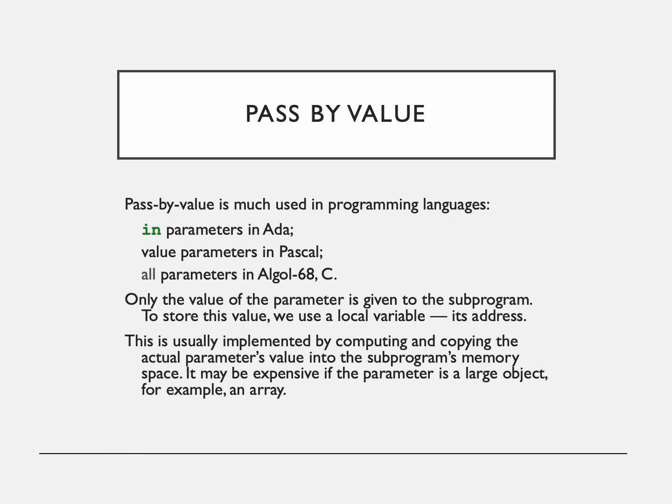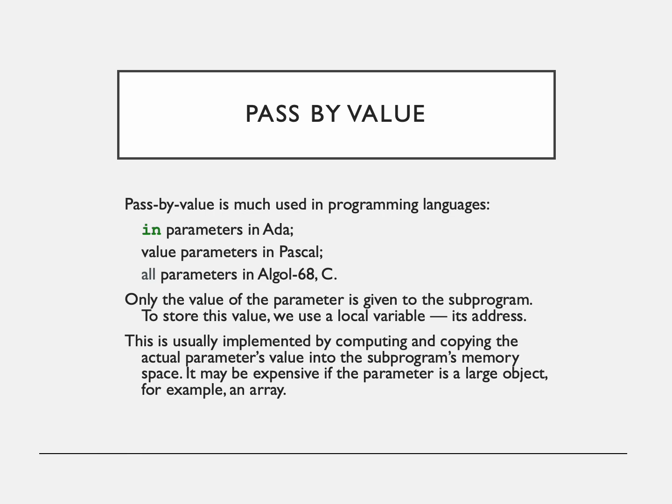So here we have three examples. Pass by value is the default mechanism in several programming languages. For instance, ADA uses in parameters to signify the variable is passed by value.